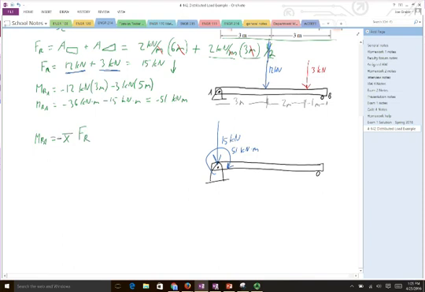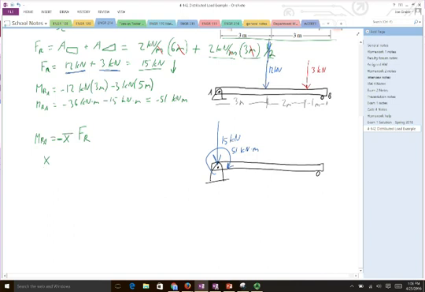Now, of course, that's going to be negative because everything we're working with here is negative, and if we want our x bar to be a positive distance, either that or we could plug in our resultant force as negative 15. Either way is perfectly fine. Since I have the resultant force already defined as 15 in the down direction, I'm going to put this negative here to make it work.